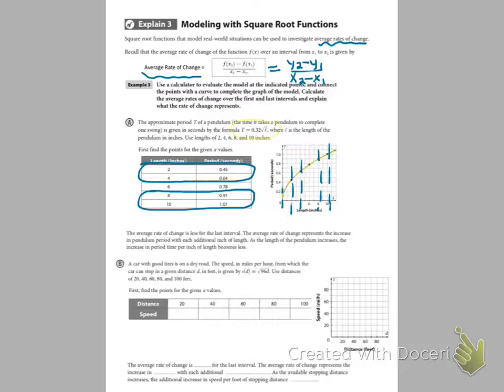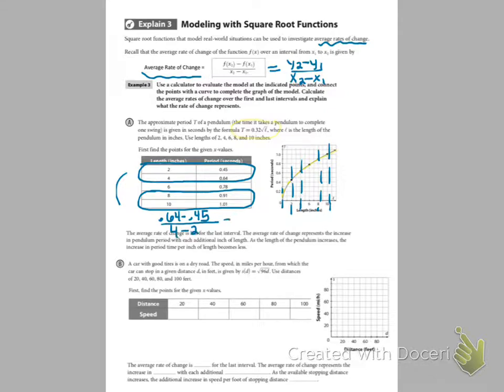So I'm going to do y2 minus y1. For this interval that would be 0.64 minus 0.45. And then in the denominator, the difference in the x's will be 4 minus 2.